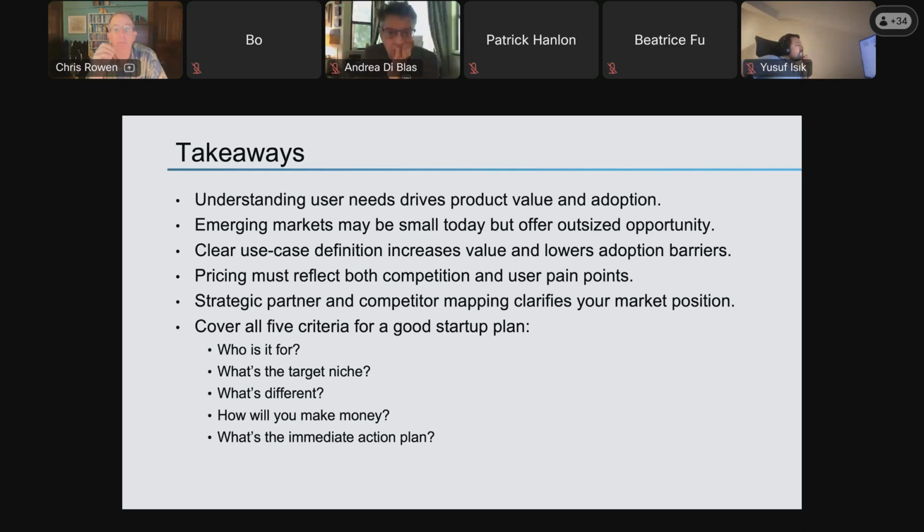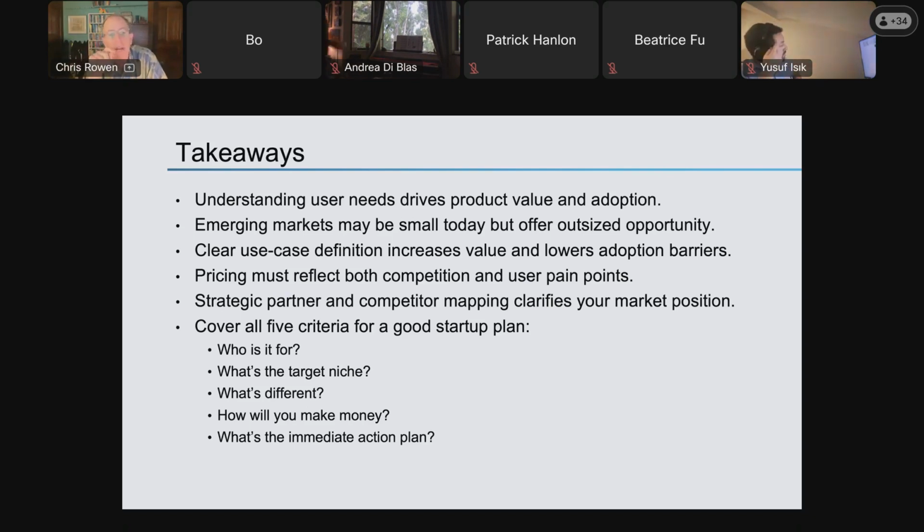Pricing is going to be driven both by what the competition is doing, that sets a pattern and establishes the risk of commoditization and commodity pricing, but also pricing reflects how important is the pain that you're solving and how much value are you creating for the customer in solving that pain or giving them a gain.